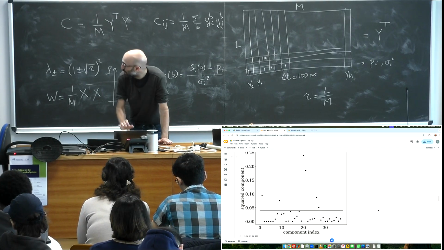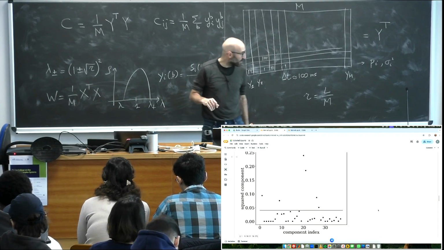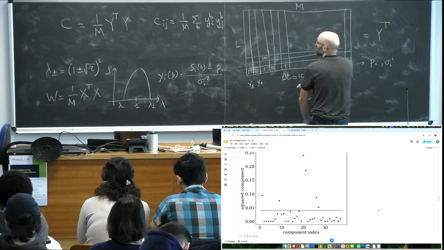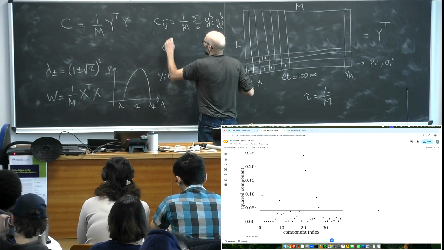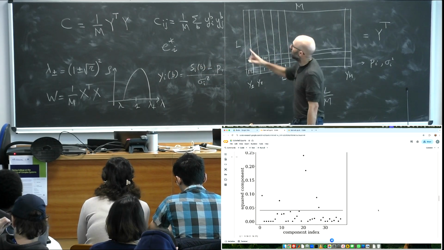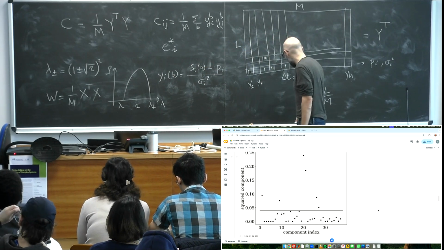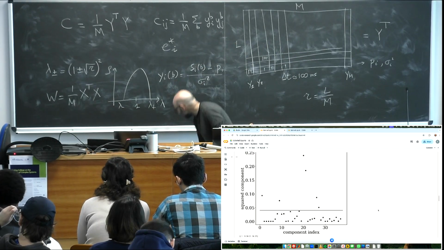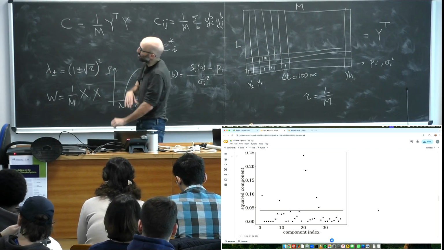And this is the principal component. So the principal component is going to be this vector E star i, that is the maximum eigenvector of C. So it has 37 components, and these are shown here.